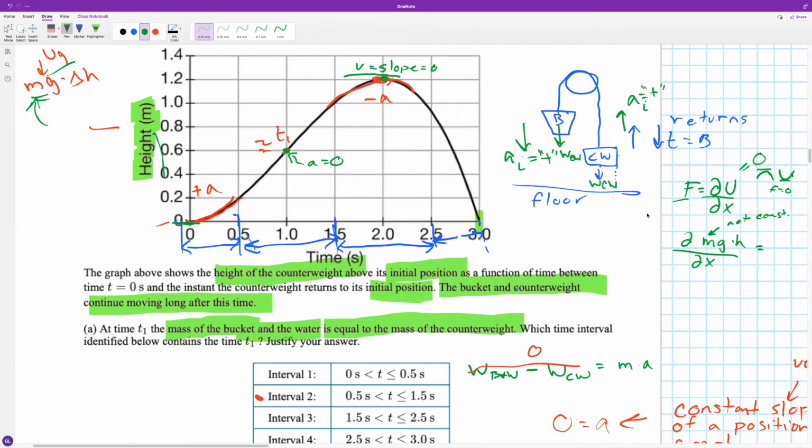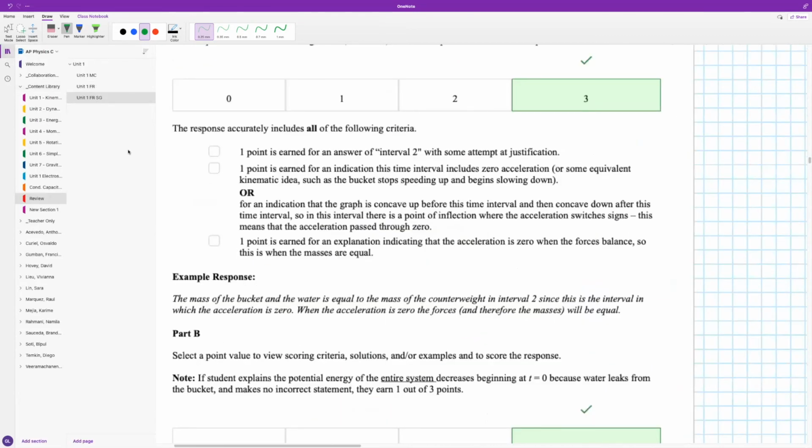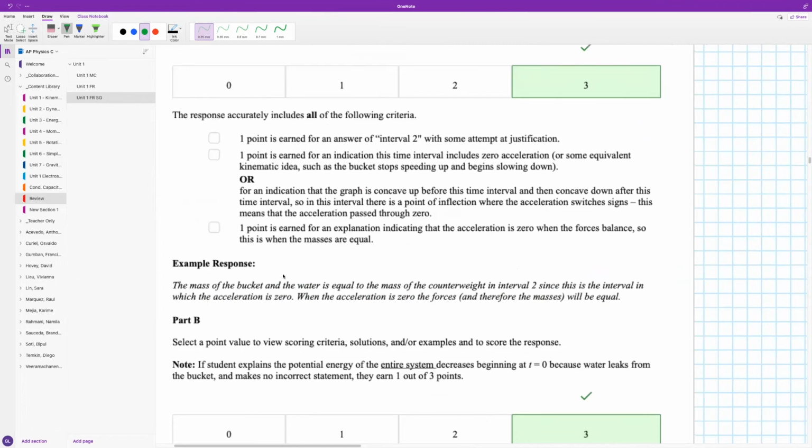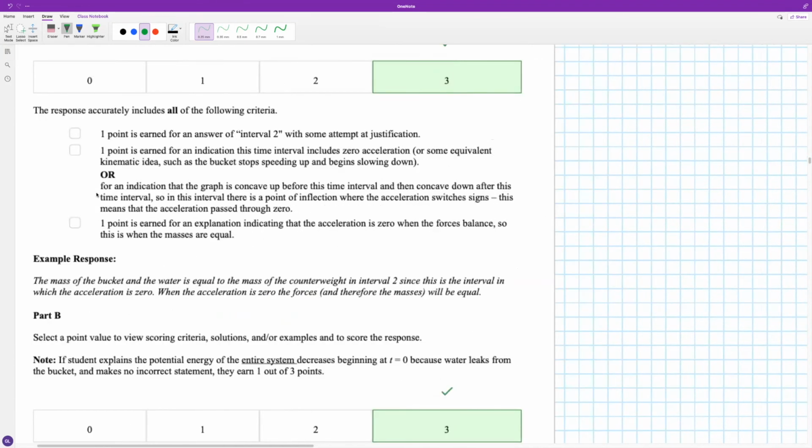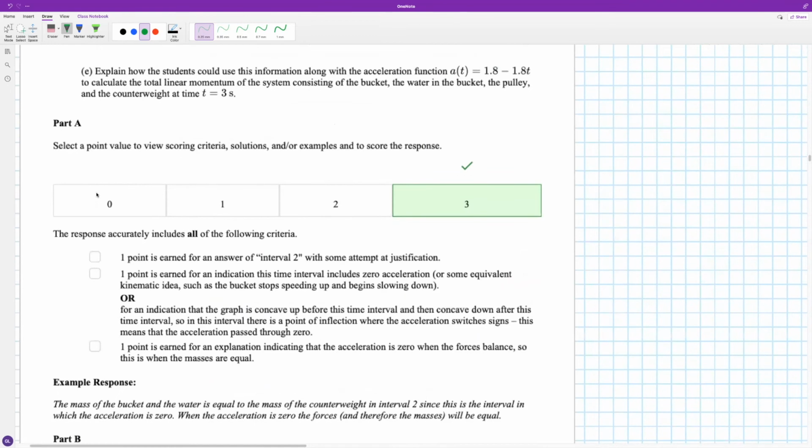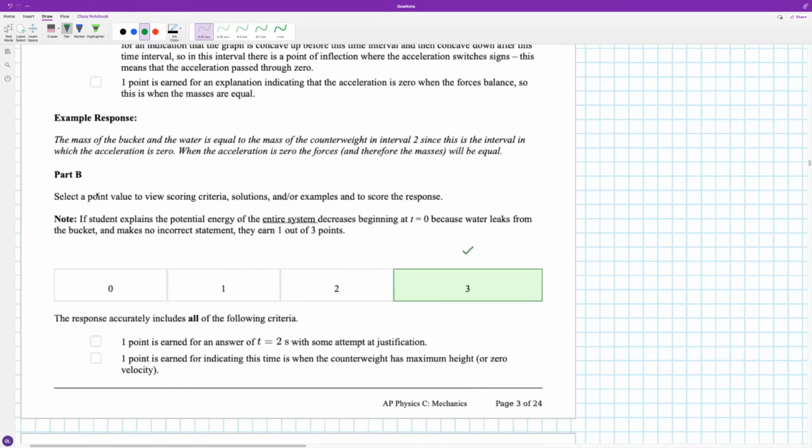But ultimately, if the acceleration is 0, the force is 0, so we might be thinking, okay, maybe at 1 second, maybe at 2 seconds. Let's go ahead and see what the College Board is thinking. And hopefully those ramblings kind of made sense, because at the end of the day, I think this question is a lot more complicated than the immediate answer we might be thinking.